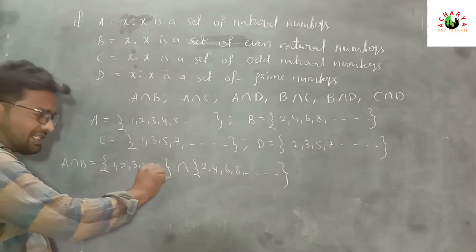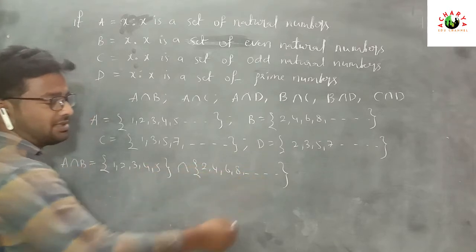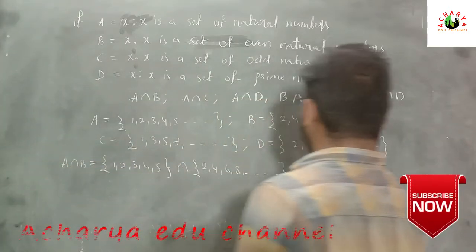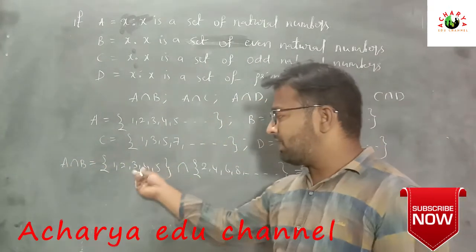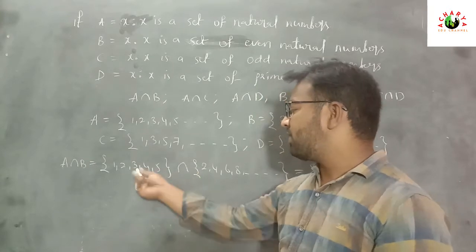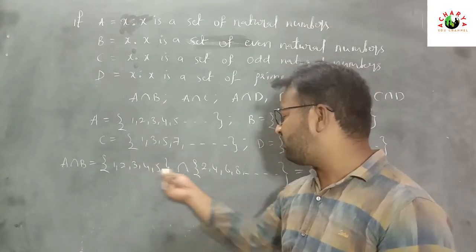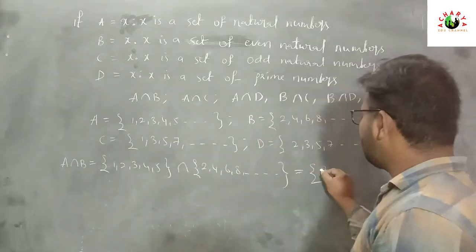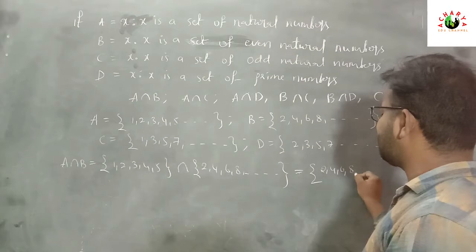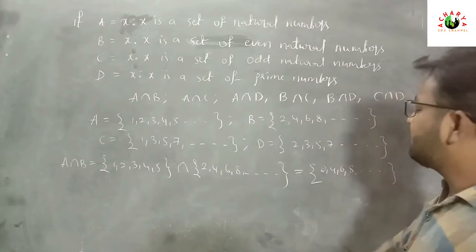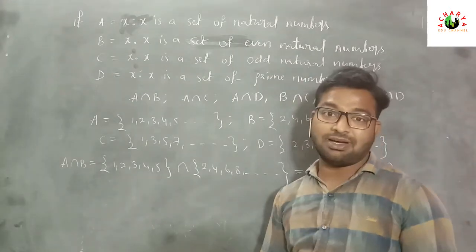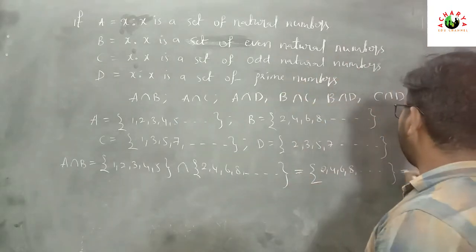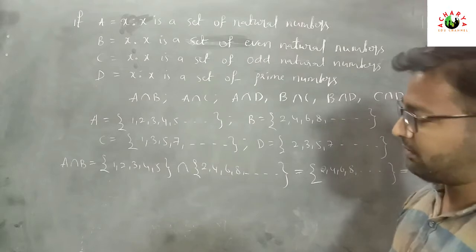Here are all natural numbers, here are even numbers, so the remaining are odd numbers. Yes or no? So what are the common elements here? Even numbers are common for both. So 2, 4, 6, 8, and so on. These are the set of even numbers, represented by B only, no? So that is equal to B.